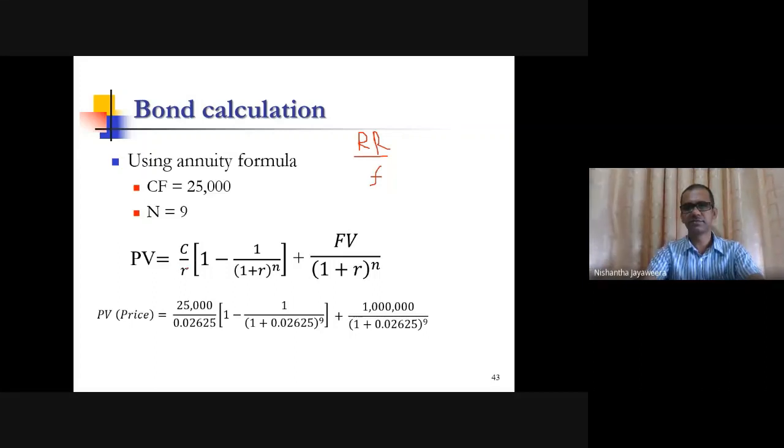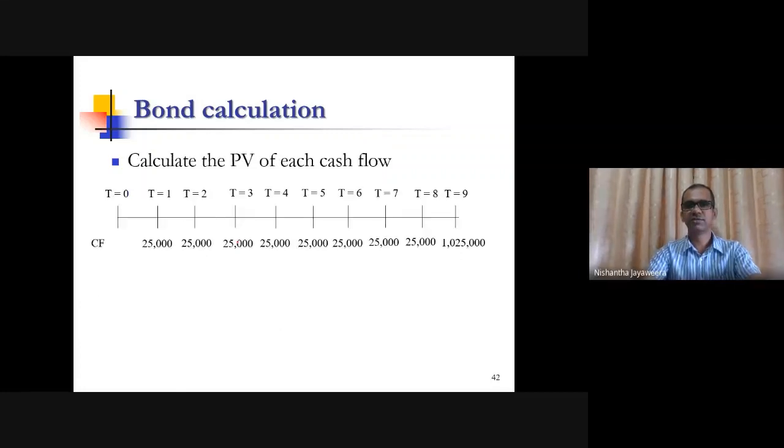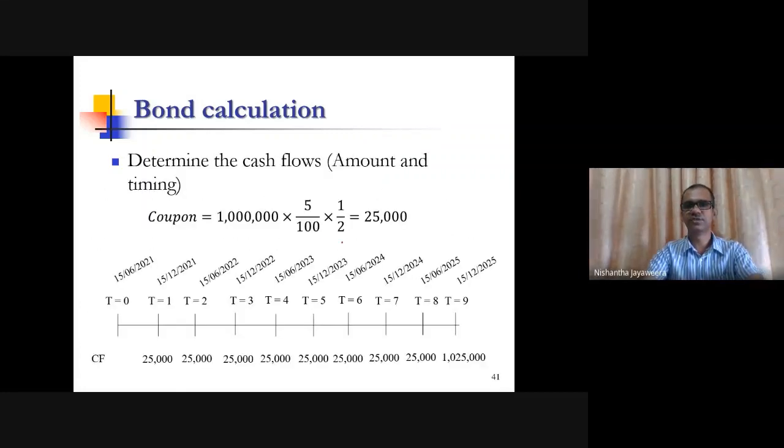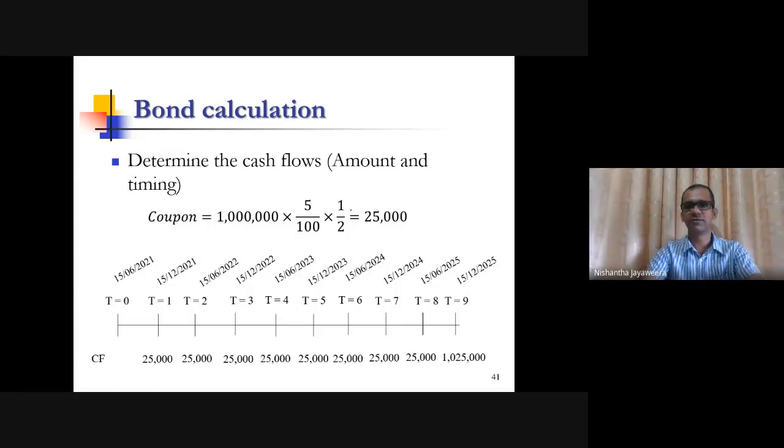That's the rate of return that we are going to substitute. This C means coupon or the cash flow. But again, when you calculate the cash flow, remember, you have to do the necessary adjustment. This is 1 over F.